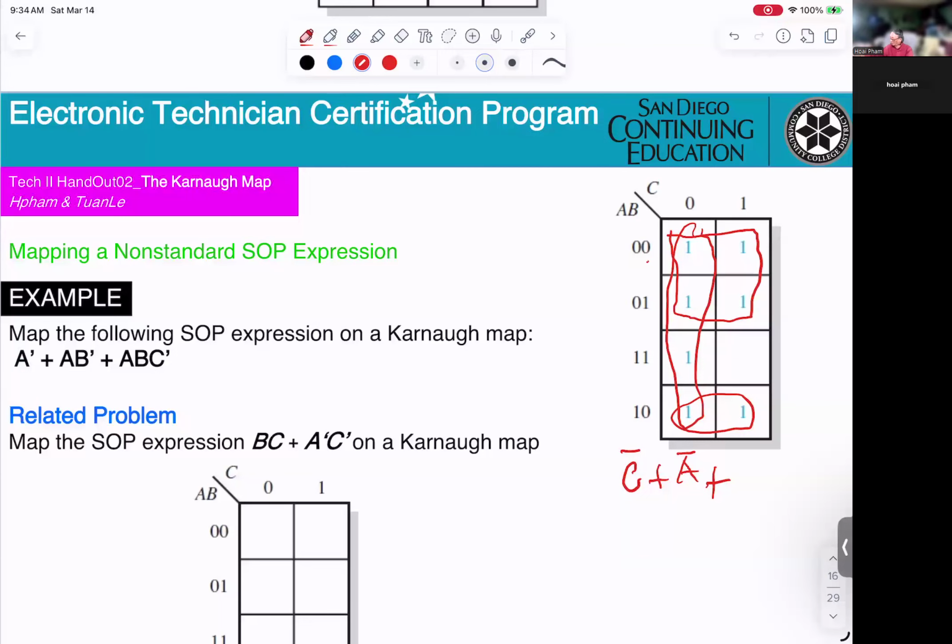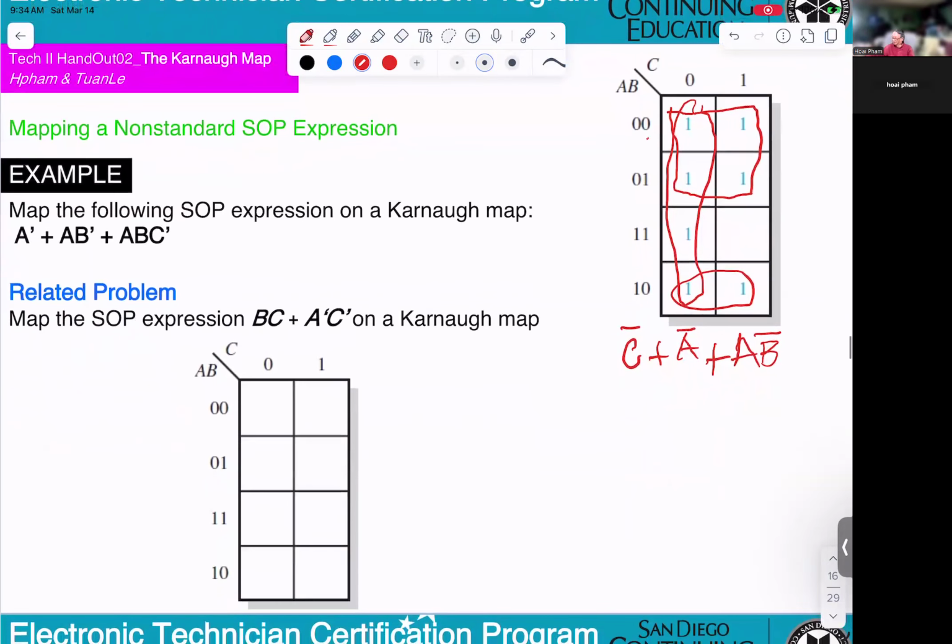On this way, C will be not and 1, we don't care, and AB will be A, B not. So basically, you have to loop up to 1.